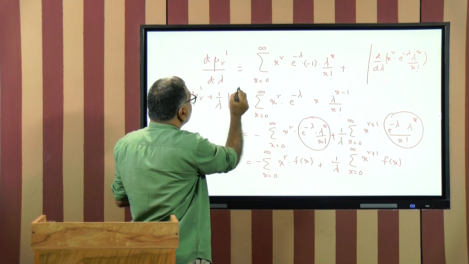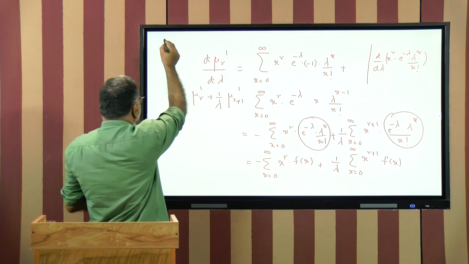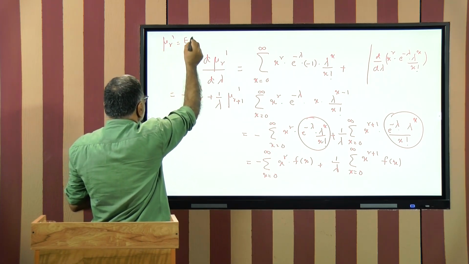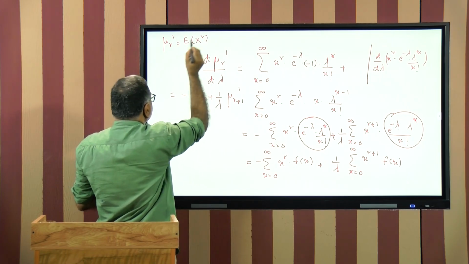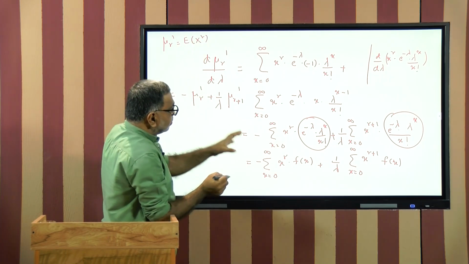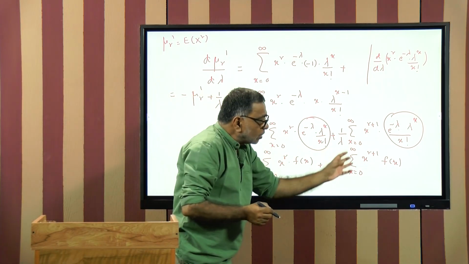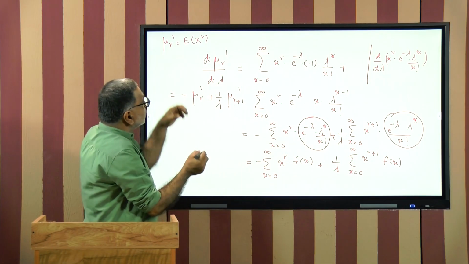By definition of μ_r', we know the μ_r' is the expectation of x^r, that is our definition. So, using that concept, we have this is our μ_r' and this is our μ_(r+1)'.